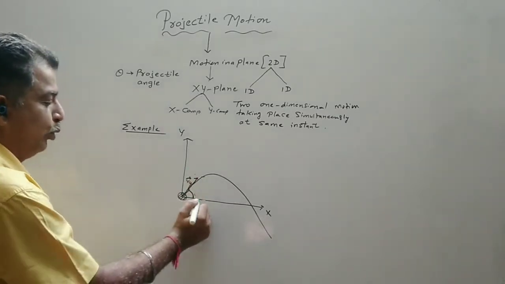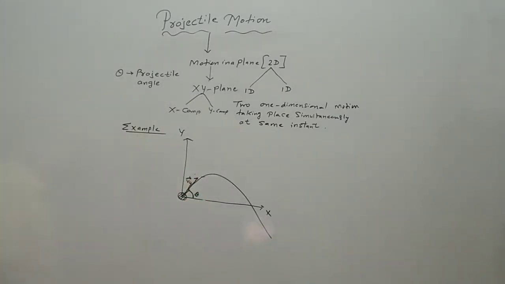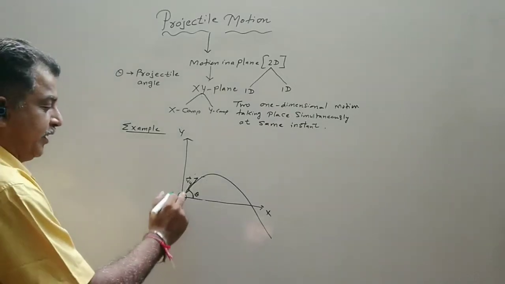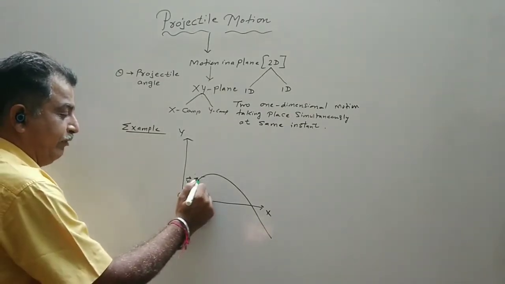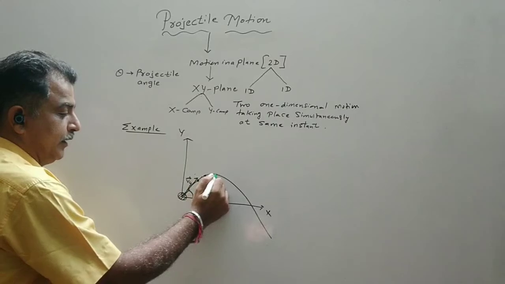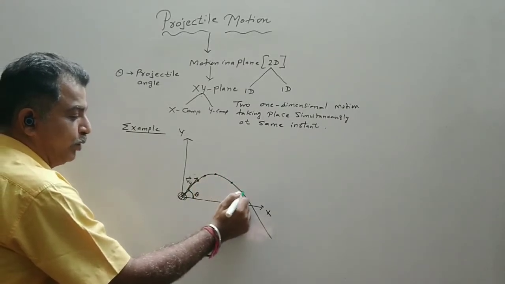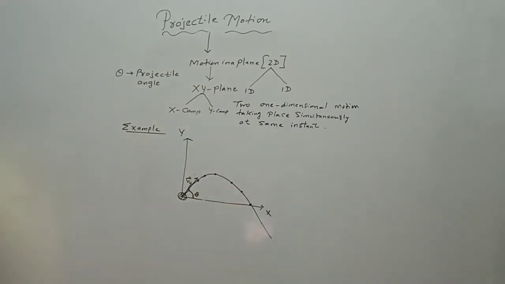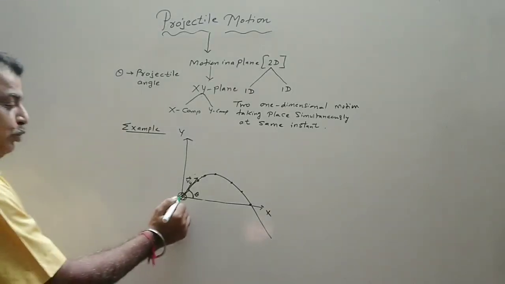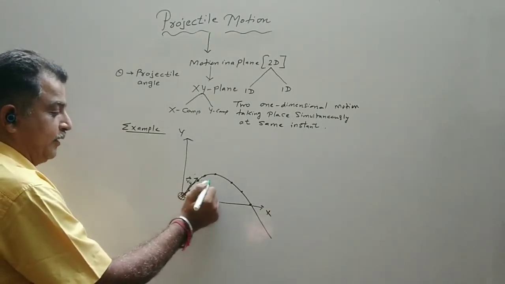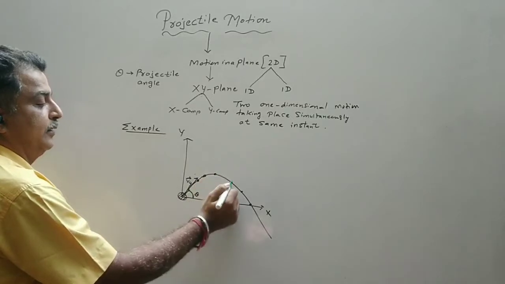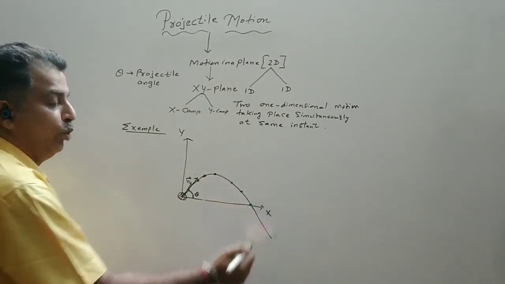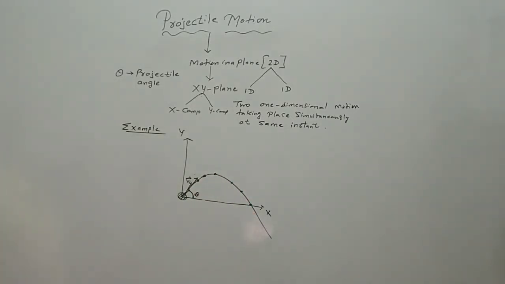Now when this football is kicked, these are the positions of the football at different instants. As soon as you kick it, the football will be here at some time, here at some time, here at some time. So these are the different positions of the football.